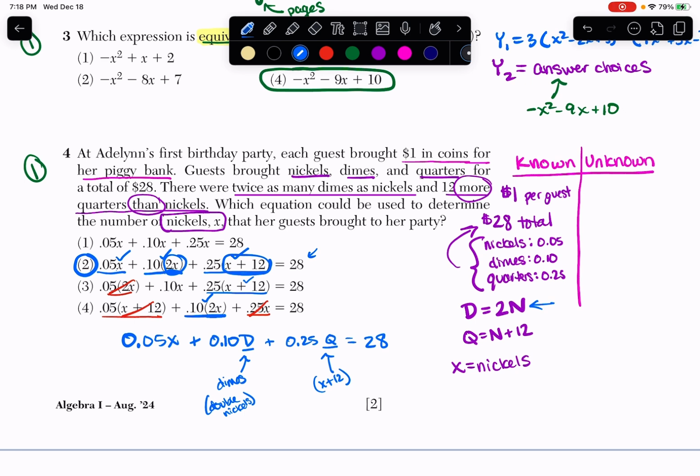So in this one, I kind of melded the strategies. I started by writing my own equation, and then once I got close, I began looking at the answer choices, looking for things that were wrong, and identifying which answer choice matched my organization of the information the best.